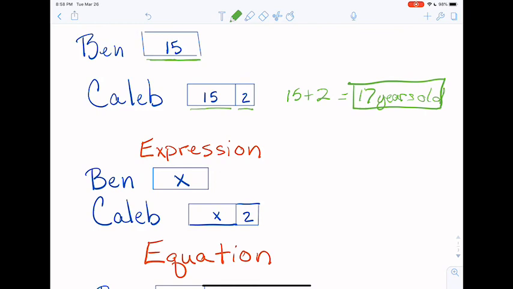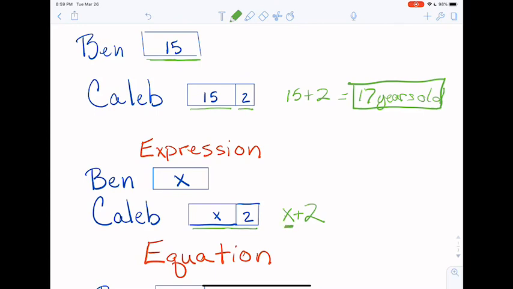And so we would still make our bar model just the same as we did above when we had the numbers. We have X in part of it and 2 in the other part. And so we would write Caleb is X plus 2. Now, we can't find out what this equals because we don't know what that variable is.